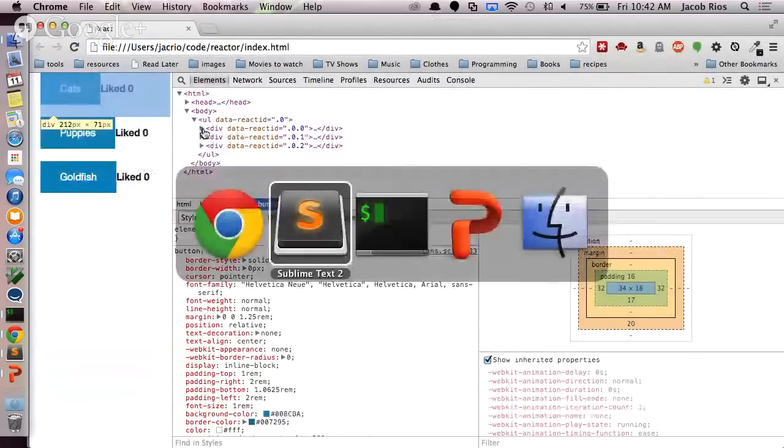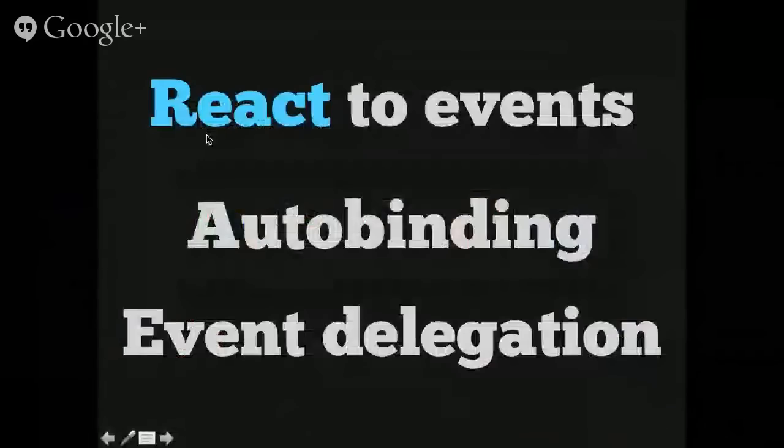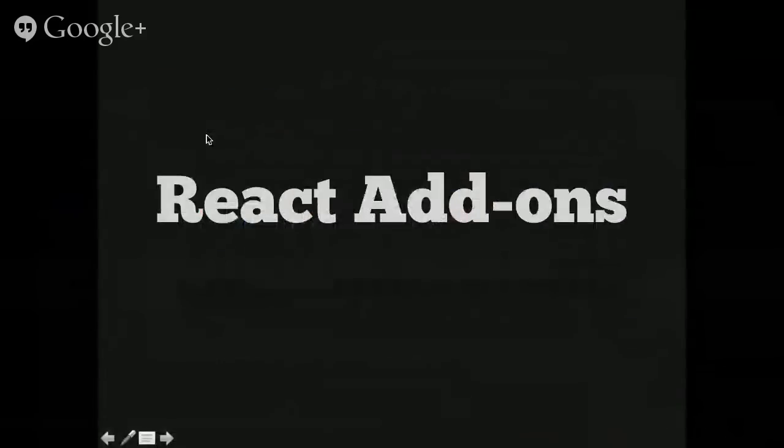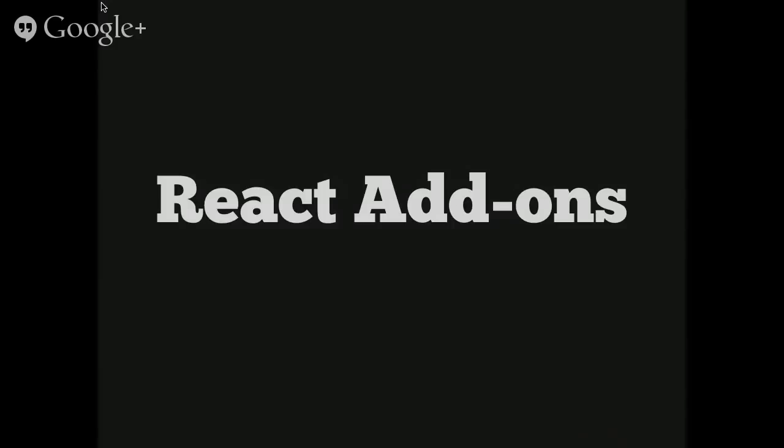All right. So there are a couple of last-minute things that I looked at. React has some add-ons specifically for manipulating classes a little bit easier for your components, and the React test utils is testing utilities for your components.